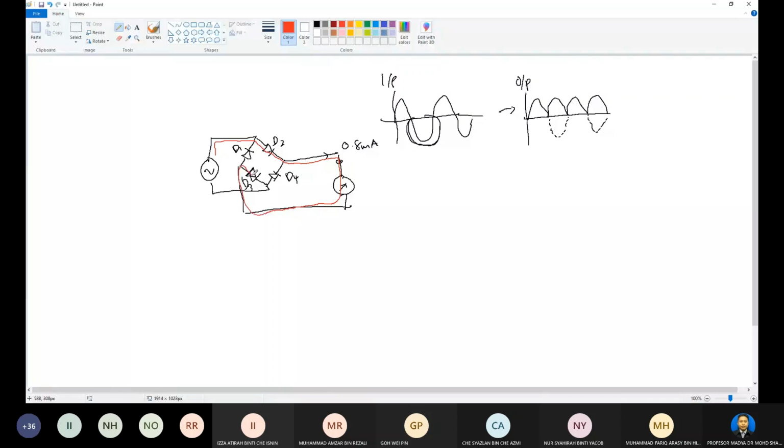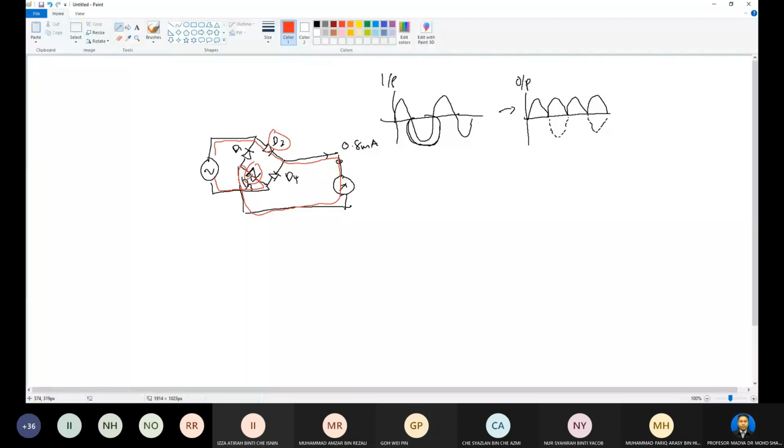For the positive cycle, D2 and D3 will be on. That means D1 and D4 will be open circuit, so no function for D1 and D4 because they are open. D1 and D4 will be on for the negative cycle.